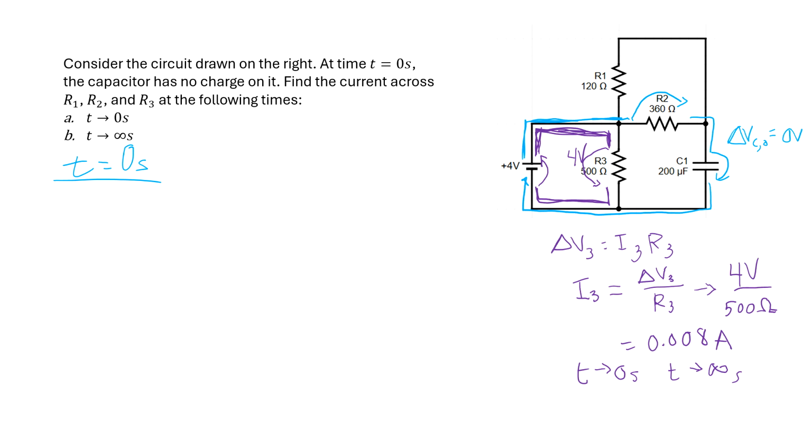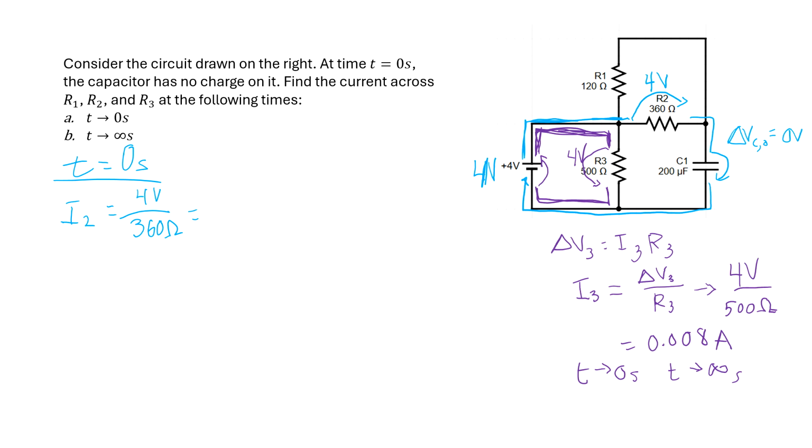So let's go back to loop law. This is 4 volts up the battery, a 4 volt elevator, and we have no drop across the capacitor. That means all of it is dropped across the resistor. R2 is 360, V2 is 4 volts, and I2 is going to be 4 volts over 360 ohms.